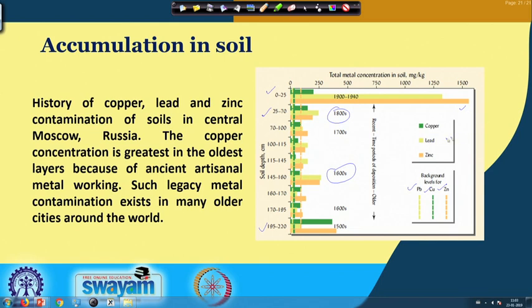And for lead you can see the same. In the 1500s there is a low concentration of lead. However, in 1600 there is an increase in lead concentration, and ultimately in 1900 to 1940, due to industrial processes, there is a several-fold increase in concentration.